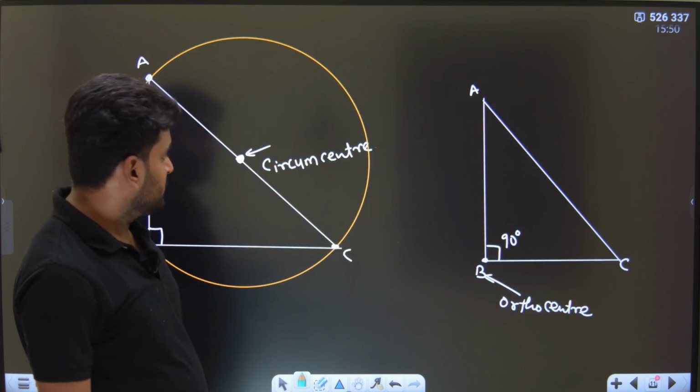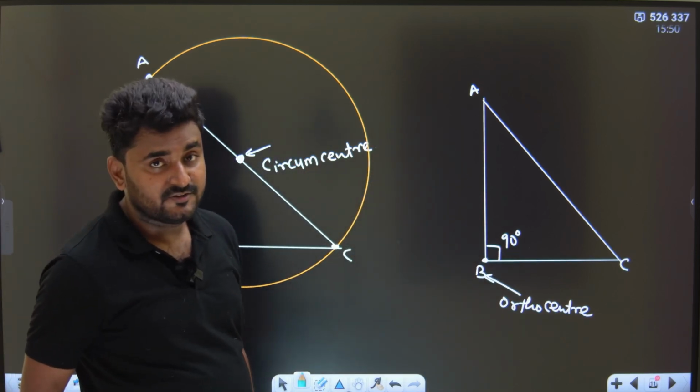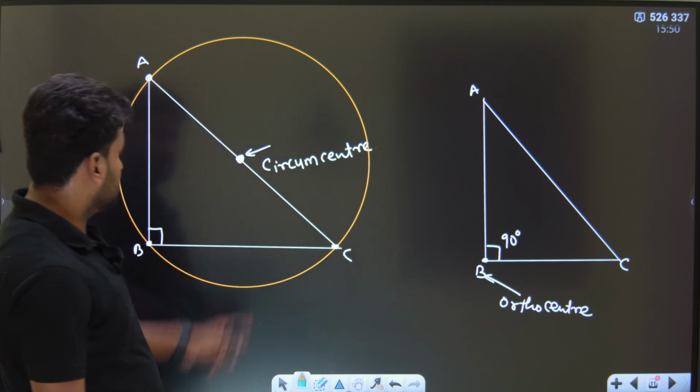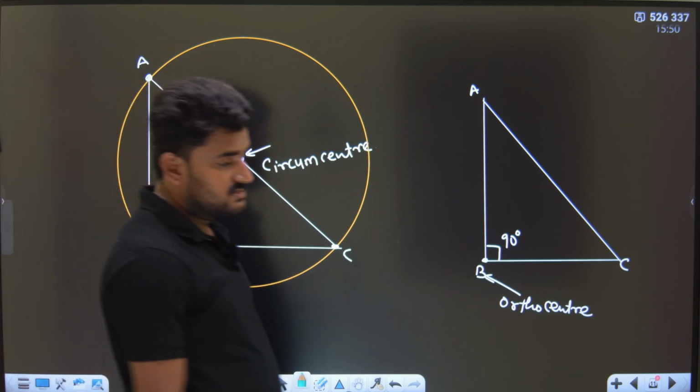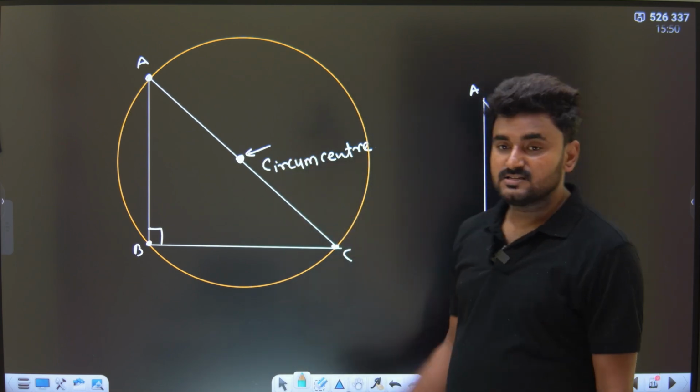Now next, suppose there is a right angle triangle. In case of a right angle triangle, the vertex of 90° will be our orthocenter, and the midpoint of the hypotenuse is known as the circumcenter.